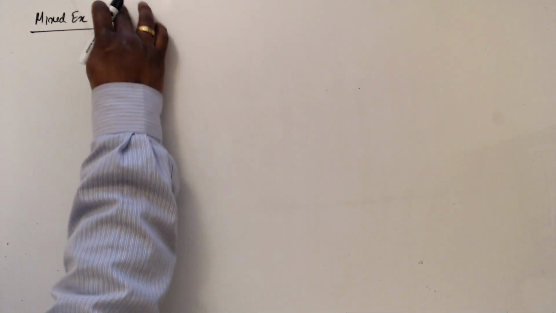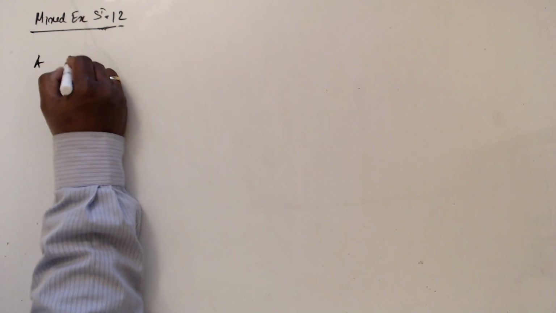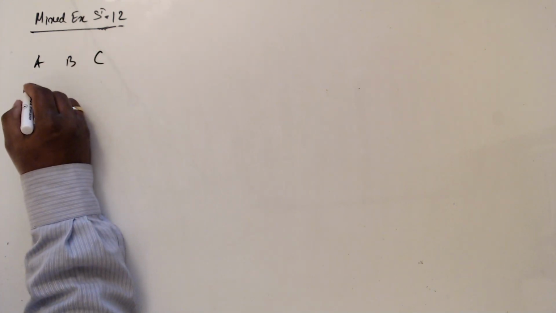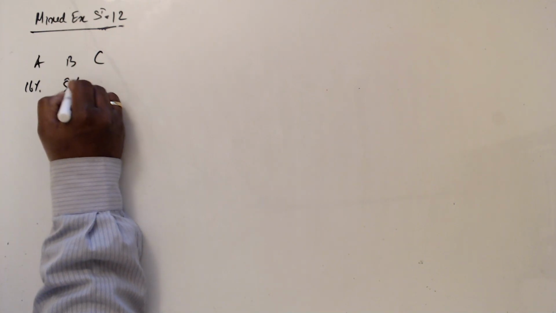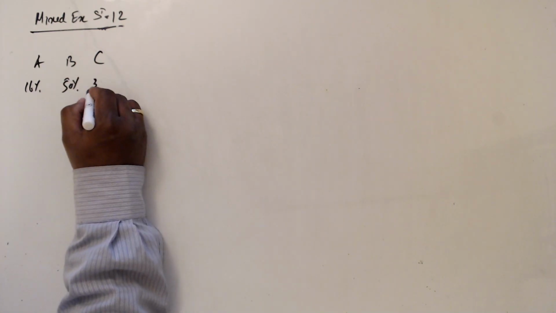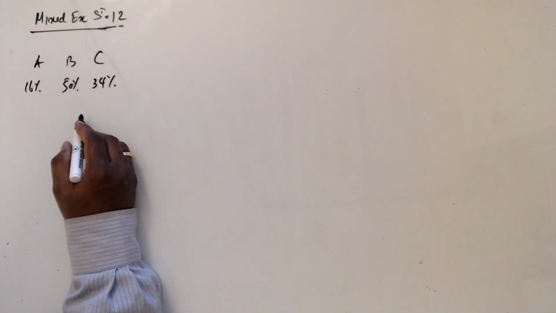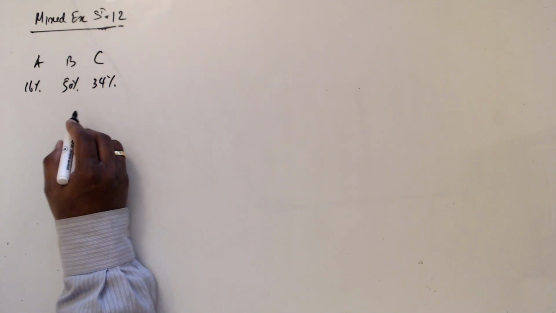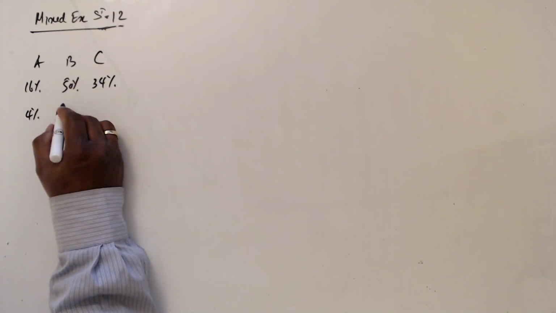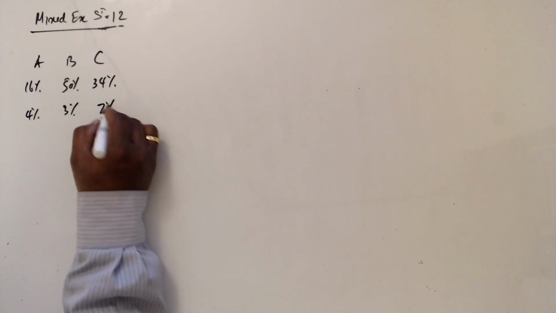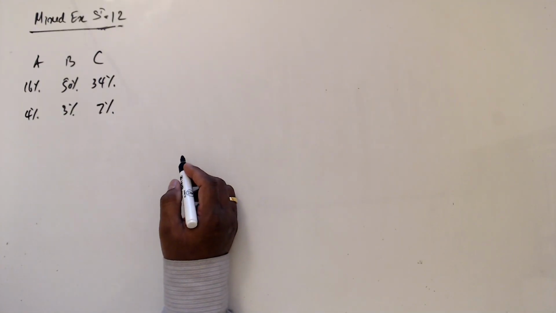Question number 12. It's about the factory sum. So A, B, C, 3 factories. Production is 16%, 50%, and the rest is going to be 34%. From factory A it is 4% defective, B is 3%, and C is 7% defective. We need to draw a diagram.